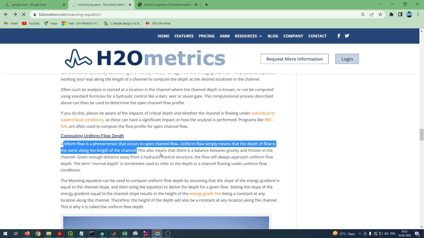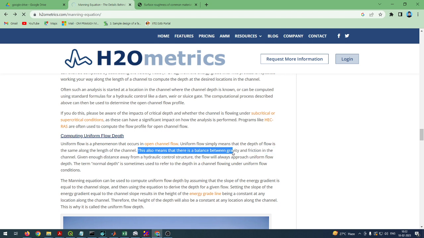This also means that there is a balance between gravity and the friction in the channel, given enough distance away from a hydraulic control structure.